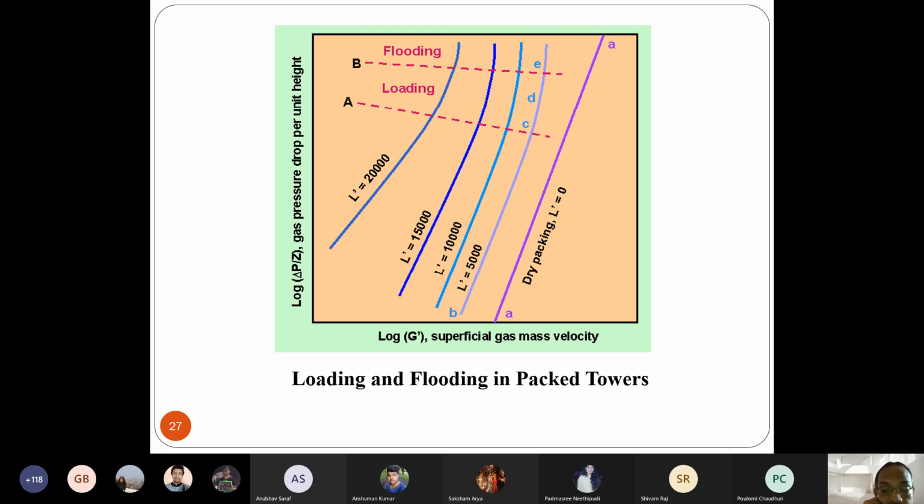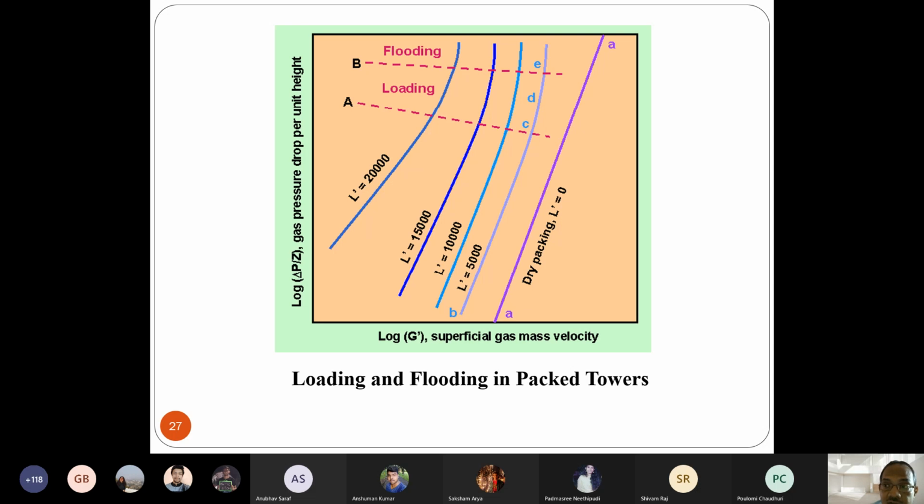Finally, with increased pressure drop or increased gas flow rate, we'll see that the whole section above the liquid pool on the tray is filled up with the liquid. So there is no room for disengagement of the gas. The whole section is filled up with the liquid and the tower is then called flooded.